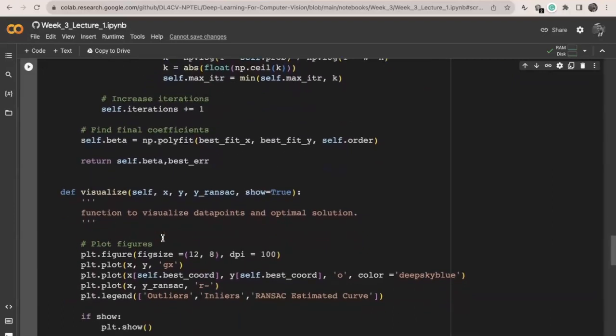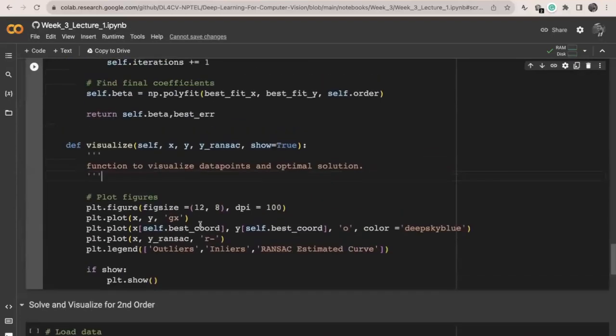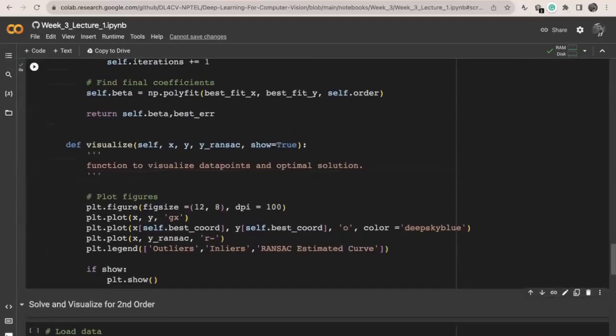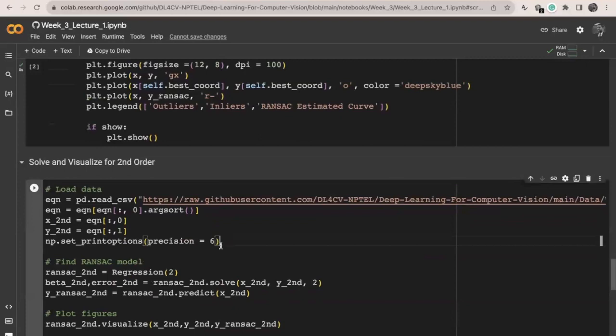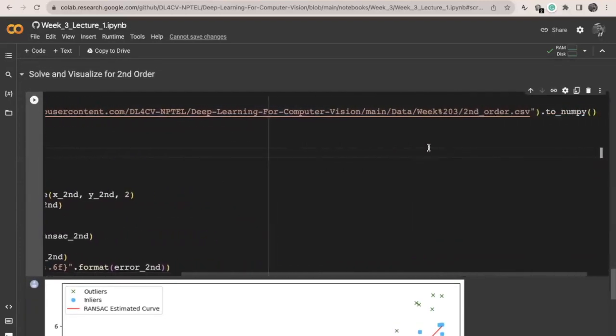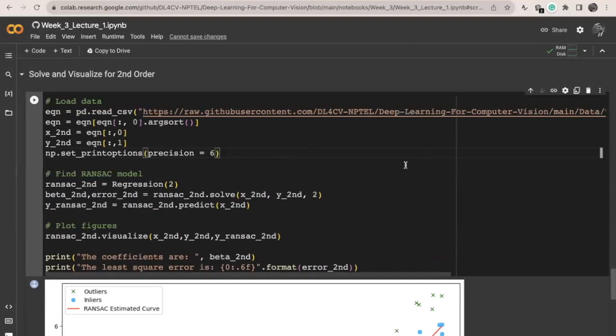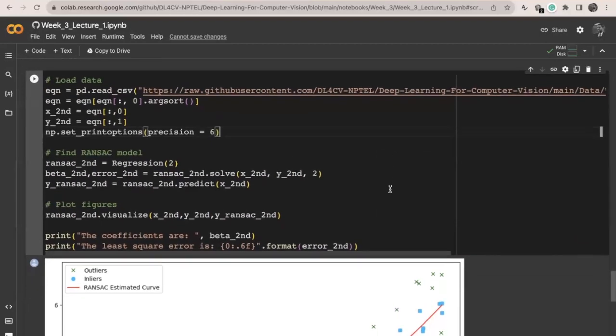So this is a function to visualize the same thing that we have done now. Let me just run it. Yeah, it is done. So now let's load up data that is hosted here in a CSV, then find the RANSAC model with it and solve for it.